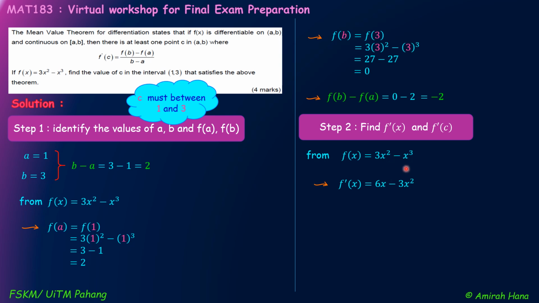We get 6x minus 3x squared. After that, we can find f'(c). We just replace c into variable x here. So we get f'(c) equals 6c minus 3c squared.